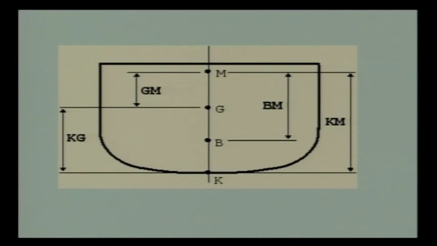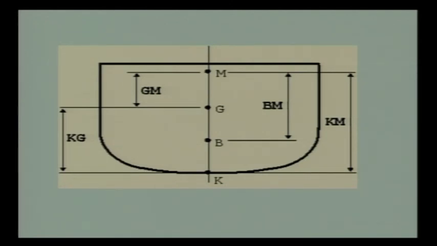So you are starting the coordinate system from K upwards, Z. So you have M, G, B. You have the distance between G and M, GM, distance between B and M, BM, and KM, KB, KG, like that.